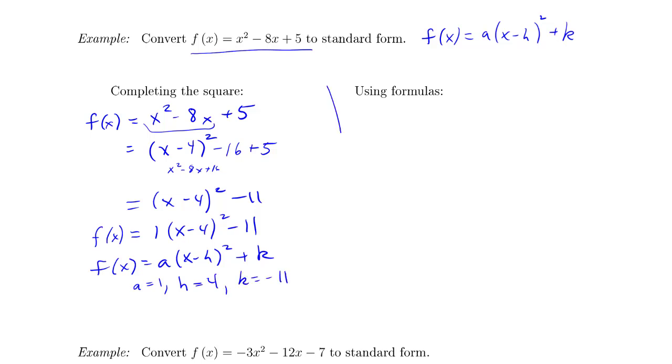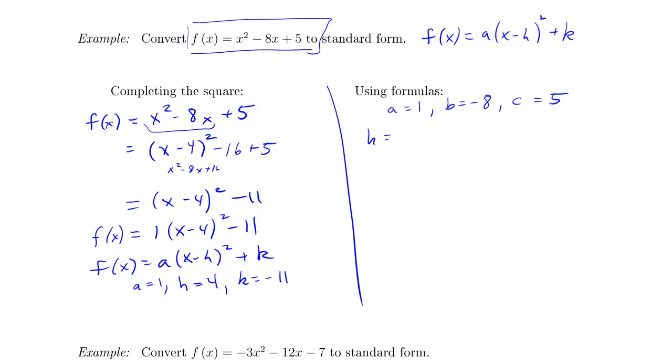All right, so now on the other hand, I could use some formulas, because what we know from the original version of the function here is that we have a of 1, b of negative 8, and c of 5.